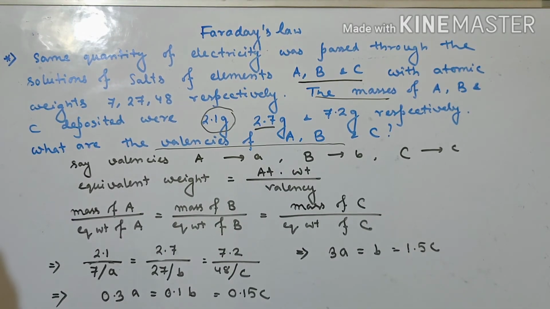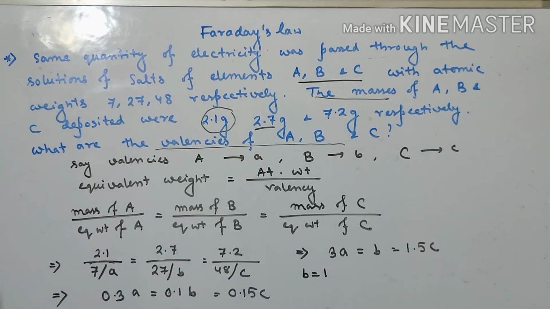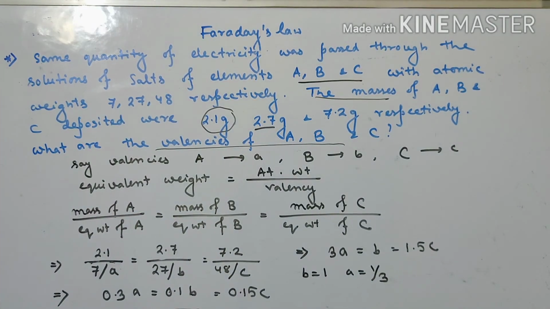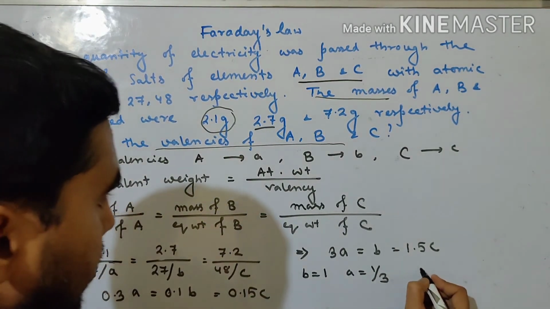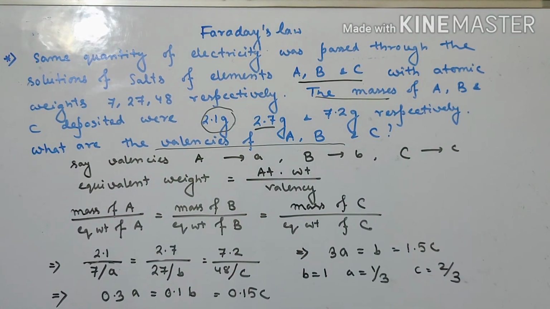So obviously, if b is equal to 1, then a should be 1 by 3. So c should be 2 by 3 then, according to this mathematical output.